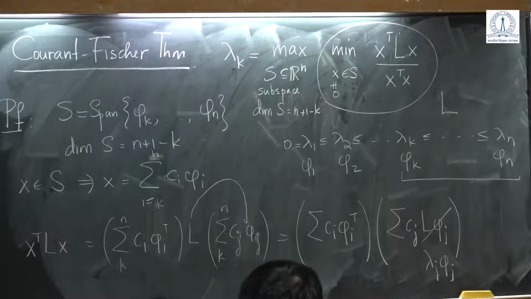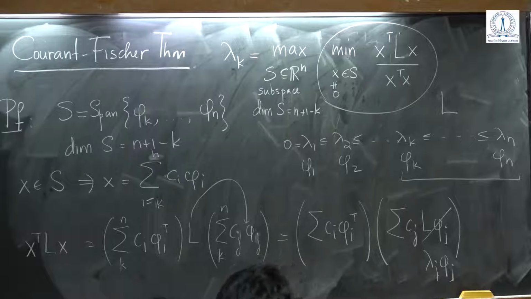So what we have so far is that X transpose Lx is equal to that thing over there. And that thing over there is going to be the sum of Ci phi i from k to n, and then here the sum of Cj lambda j phi j from k to n. Did I get it? Transpose, yeah, correct.